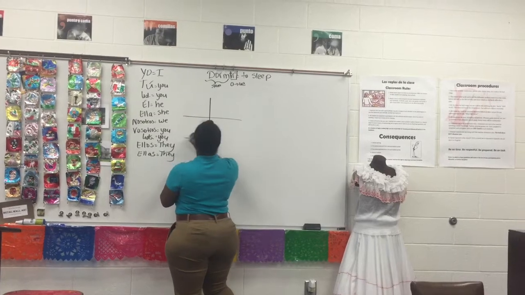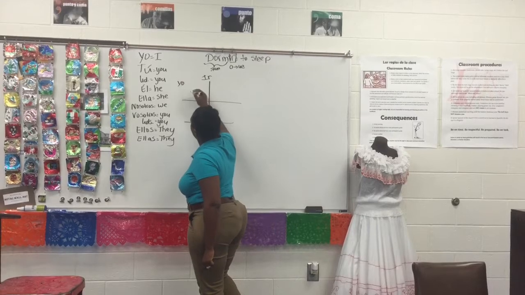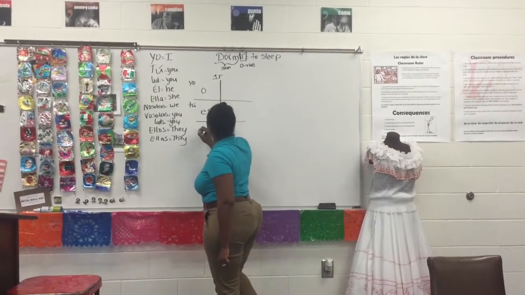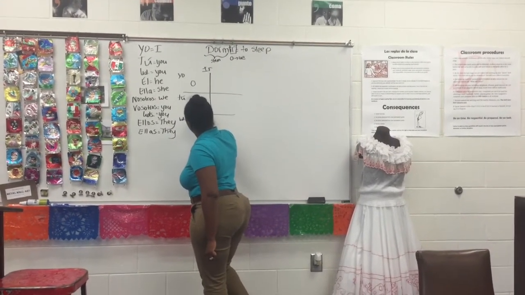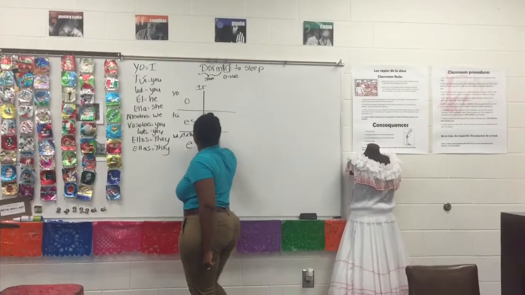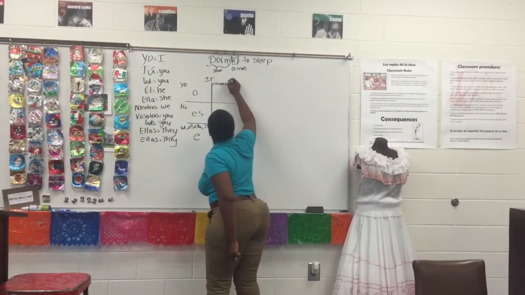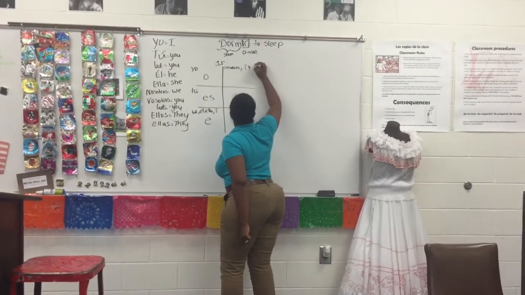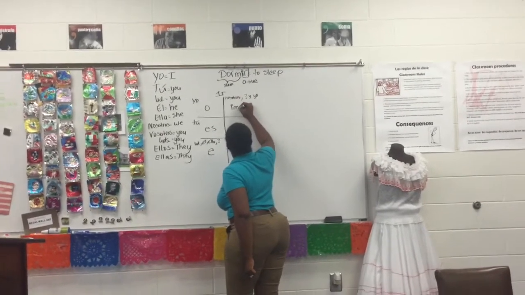Here are the IR verb endings. We have O, S, usted, él, ella, anything in the dictionary, E. Then I have nosotros. Then I have somebody or something, y yo. And that's going to be mos.